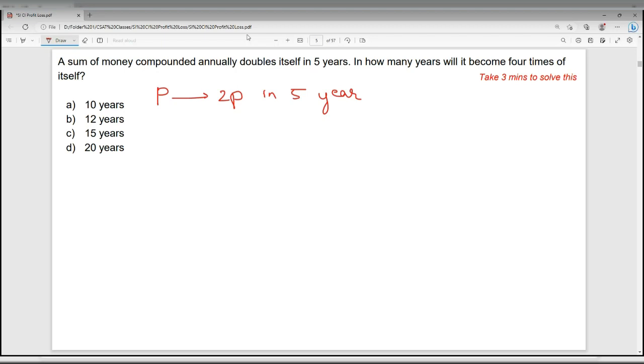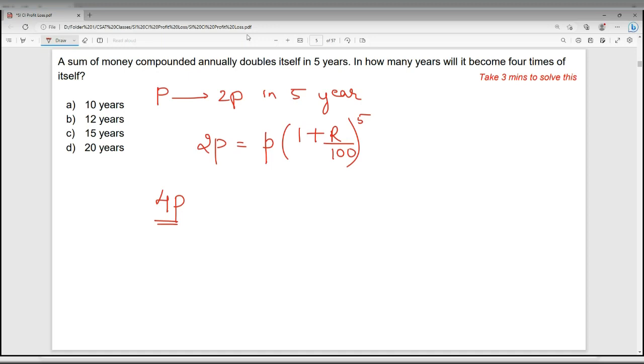So 2P, the final value, is P into 1 plus R divided by 100 raised to 5. This is the given statement. And they are asking, when will it become 4P? How much time will it take for the principal amount to become 4 times itself?